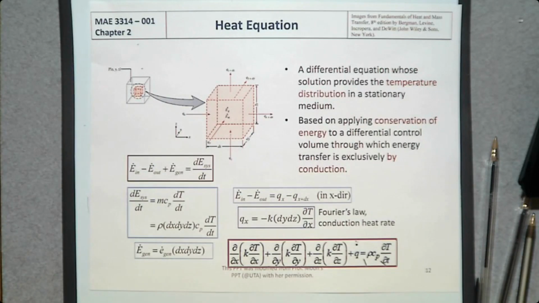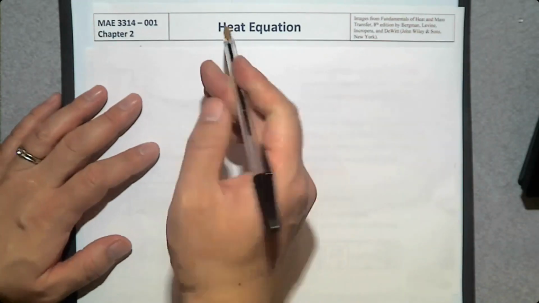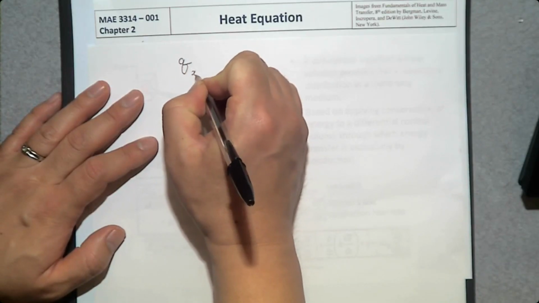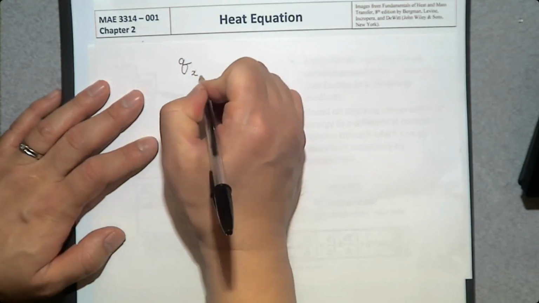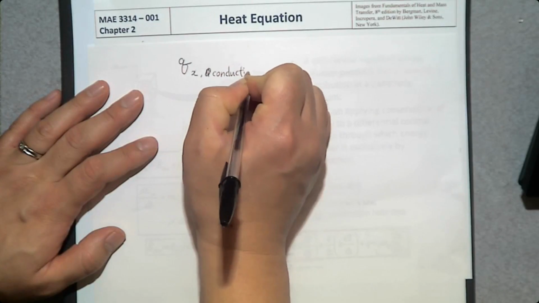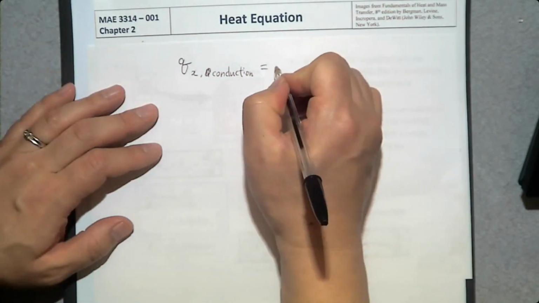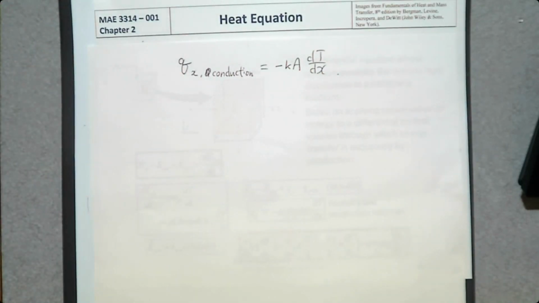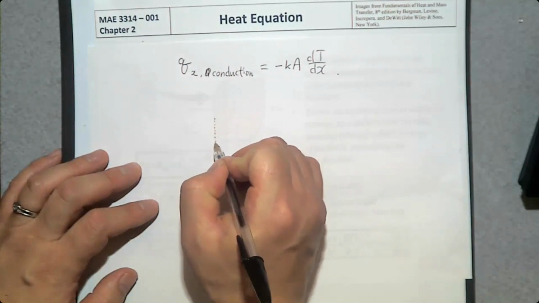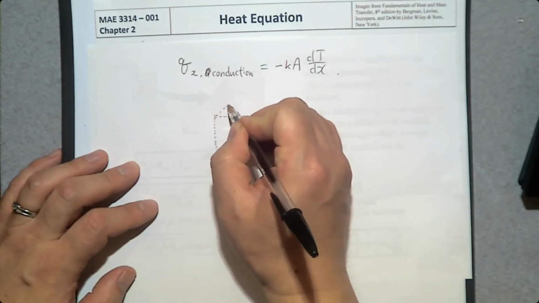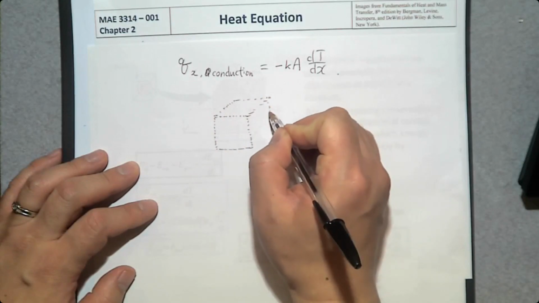Fourier's law is simple. Heat transfer in a certain direction, let's say x, by conduction can be determined by minus kA dT over dx. That's Fourier's law. Then let's talk about heat transfer in a small volume on this cube.